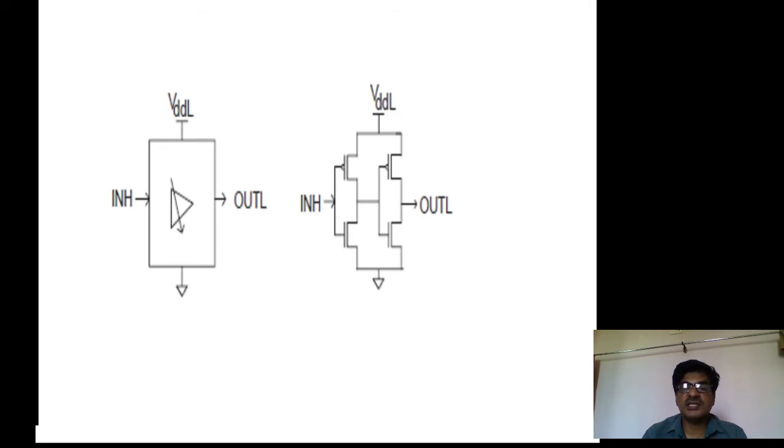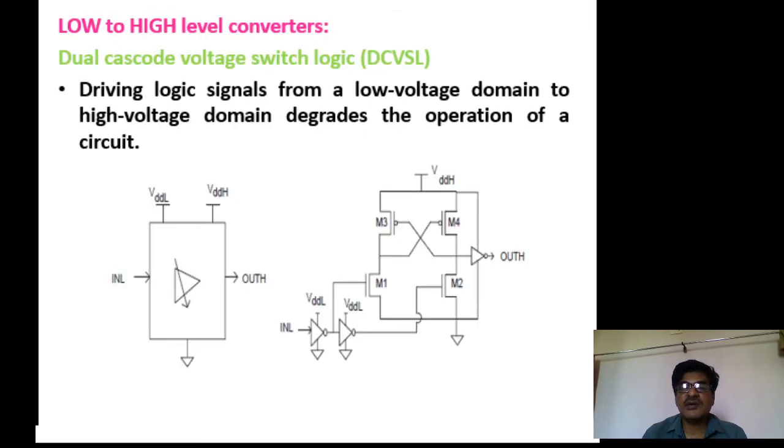Similarly, if you see the low to high level converter, this is the symbol for the low to high level converter. That means its input is from the low voltage domain gates and the output goes to the high voltage domain circuits, but it works at different voltages. One is VDDL and another one is VDDH.